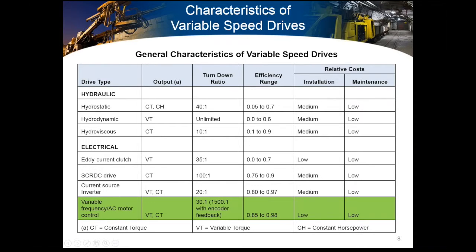You have a high turn down ratio of 30 to 1 or as high as 1500 to 1 if you use an encoder feedback, which is essentially from 0 to 100% speed, and a very high efficiency throughout those ranges, relatively low installation costs and low maintenance costs with those.